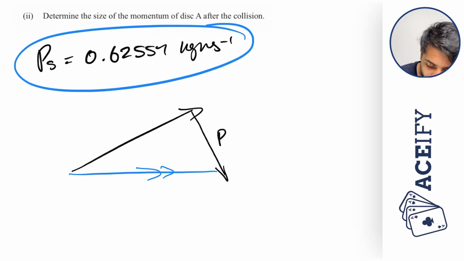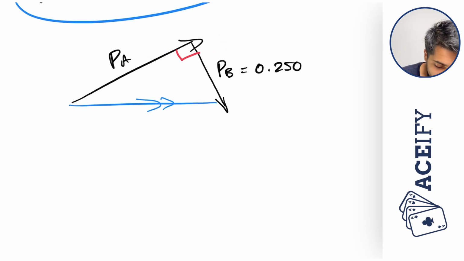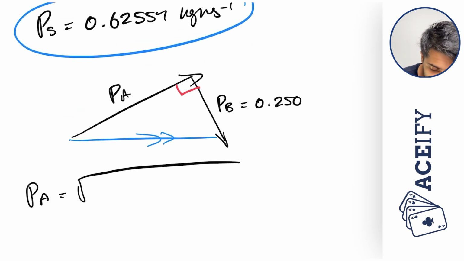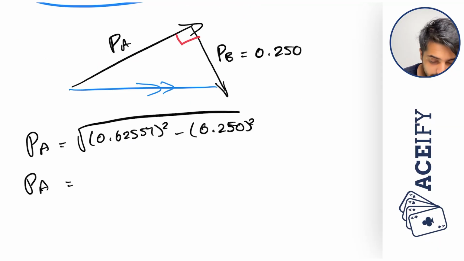Now this resultant is obviously the momentum of the system, right? If this is the momentum of our B, we know that's equal to 0.250, and we're trying to find the momentum of A. Now, as this is a right angled triangle, we can simply use our Pythagoras. So the momentum of A is equal to the square root of the momentum of the system, which is 0.62557 squared, minus the momentum of B, which is 0.250 squared, and that gives us a momentum of A as 0.573 kg meters per second.